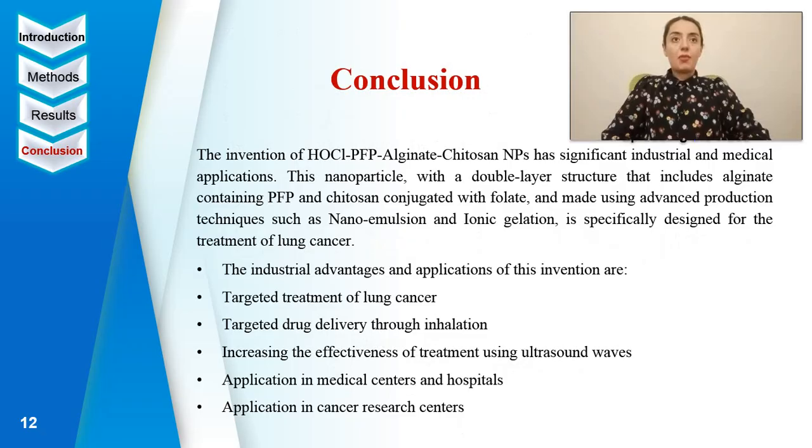Eventually, we talk about the conclusion step. The invention of HOCl PFP alginate chitosan NPs has significant industrial and medical applications. It is a particle with a double layer structure that includes alginate containing PFP and chitosan conjugated with folate, and made using advanced production techniques such as nanoemulsion and ionic gelation, specifically designed for the treatment of lung cancer.